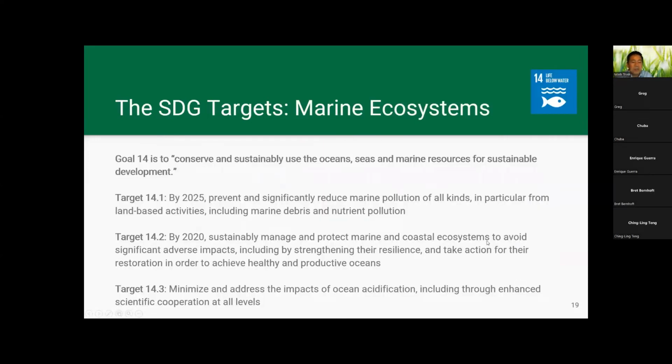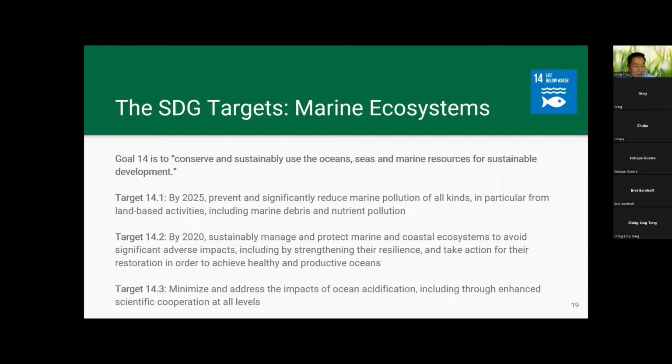So marine ecosystem. Here again, I'll just go over 3 targets, right? Conserve and sustainably use the oceans, seas, and marine resources for sustainable development. Target 14.1: by 2025, prevent and significantly reduce marine pollution of all kinds, in particular from land-based activities, including marine debris and nutrient pollution.